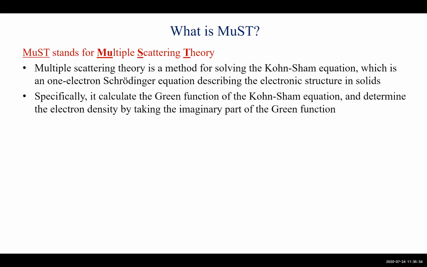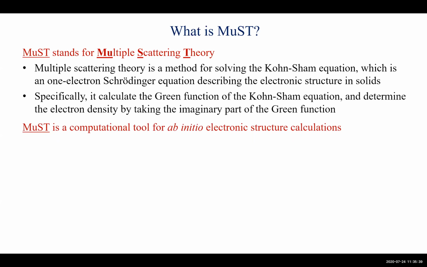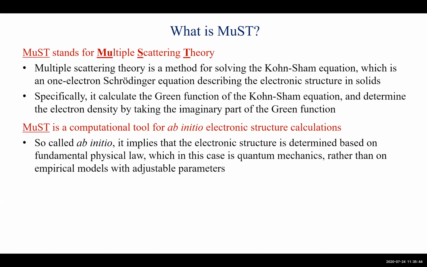That's been discussed by Hannah and Markus. MUST is a computational tool for ab initio electronic structure calculations. Ab initio implies that the electronic structure is determined based on fundamental physical law, in this case quantum mechanics, rather than empirical models with adjustable parameters. Recall one of Hannah's slides showing two routes towards the study of materials: one is a model approach, another is this ab initio approach.